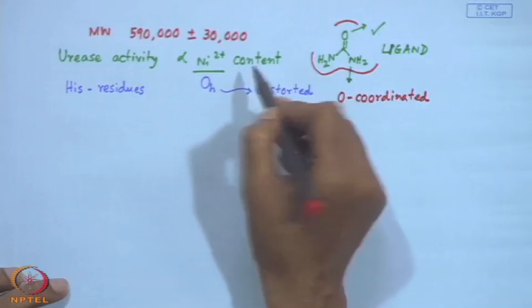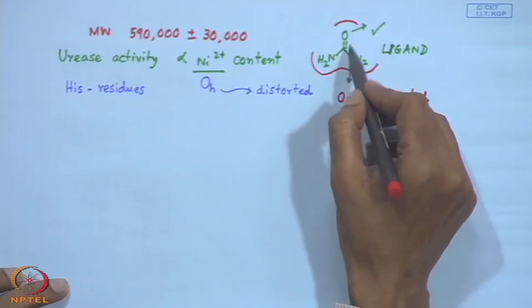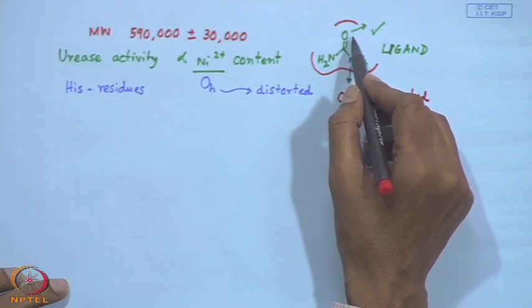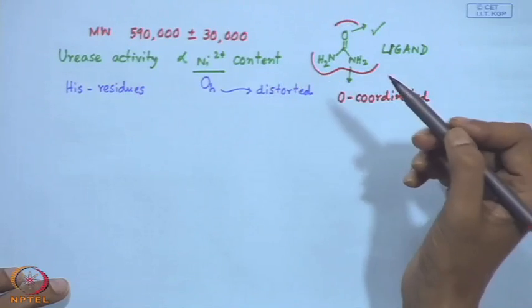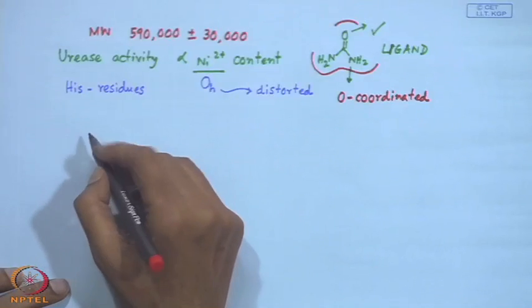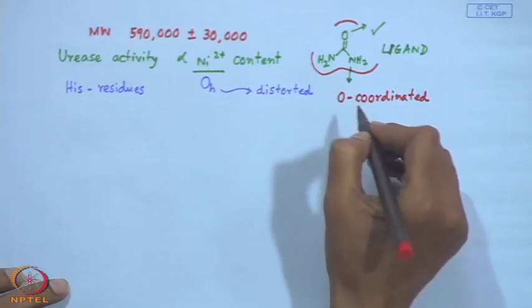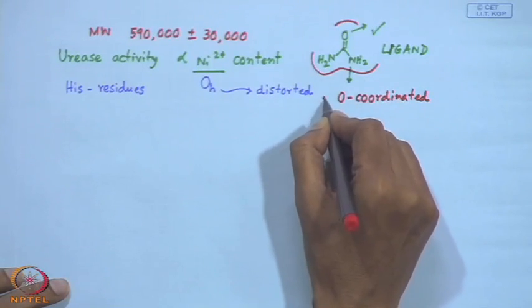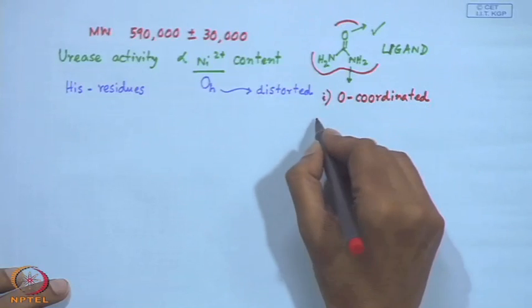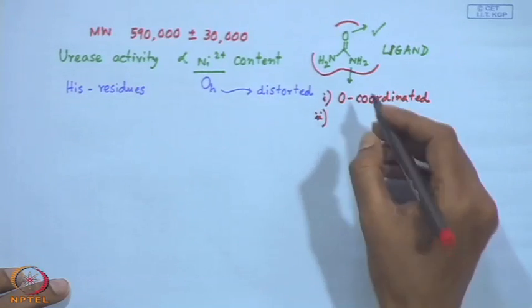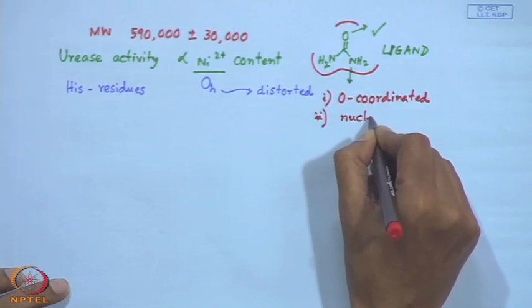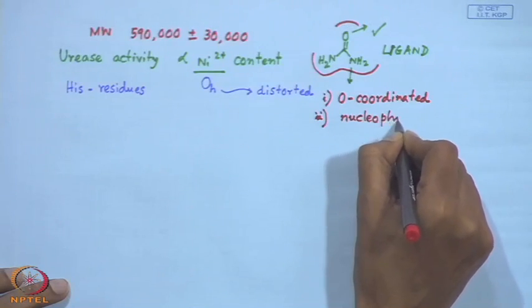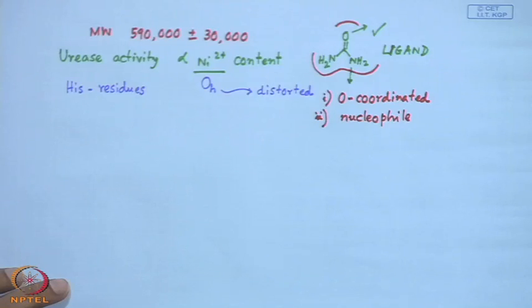Lewis acid behavior will be shown by nickel, and basically it will drag the electron density from this oxygen, and the corresponding attack of the nucleophile will lead to the hydrolysis reaction. So, the first step is that you have O-coordinated urea, and the second step should be the attack of the nucleophile, either the water molecule or the hydroxide anion.